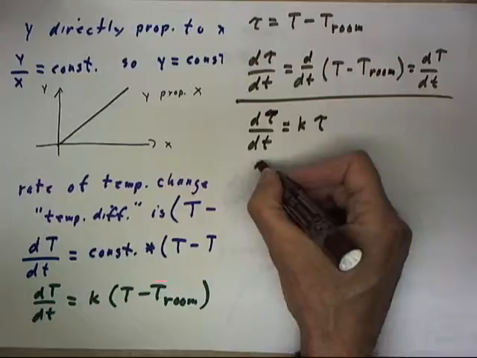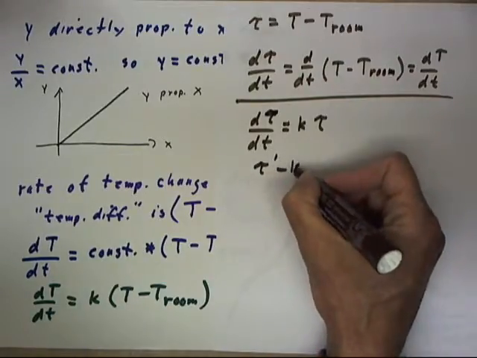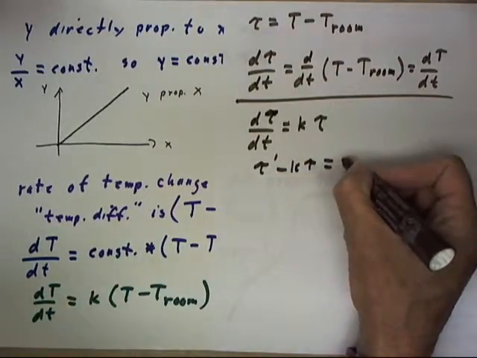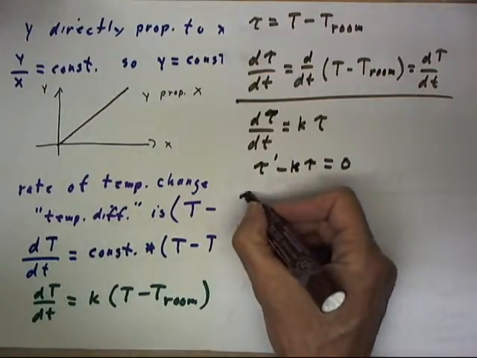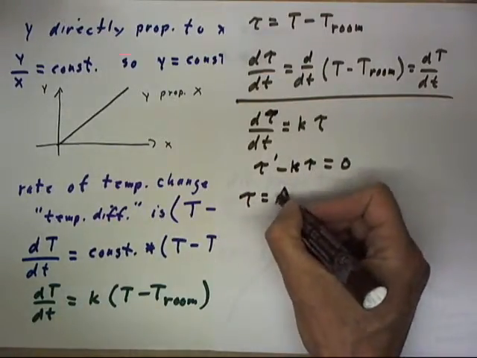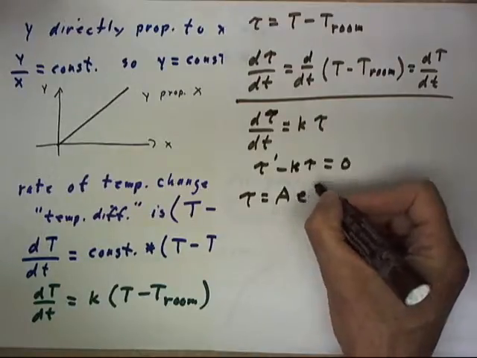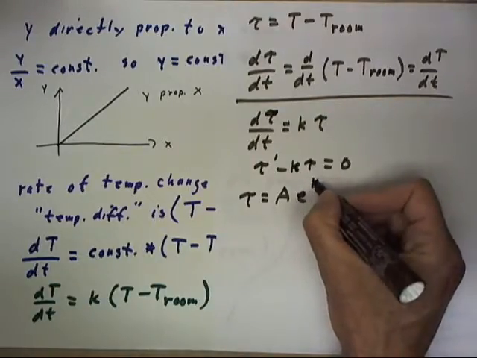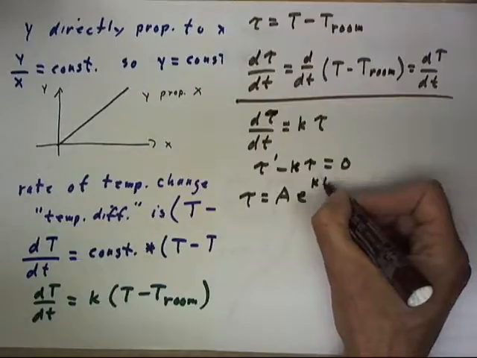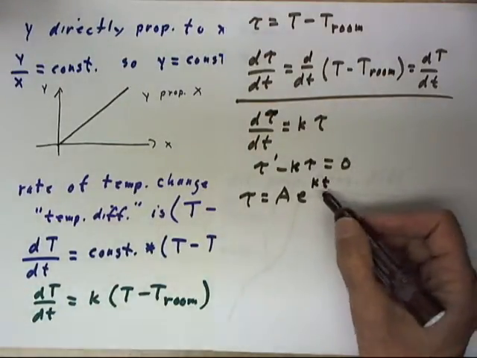So this equation can be interpreted as tau prime minus k tau equals 0 with solution tau equals a e to the kt.